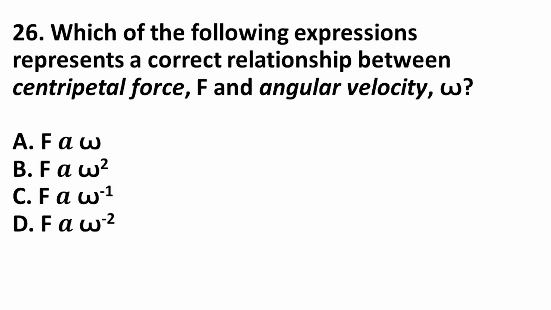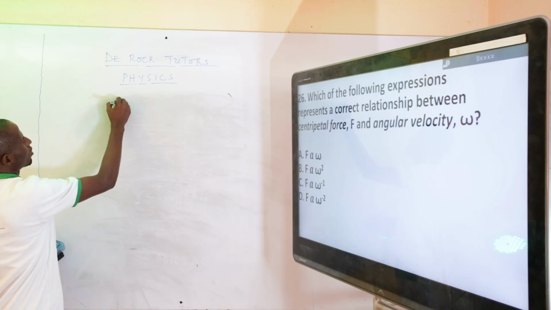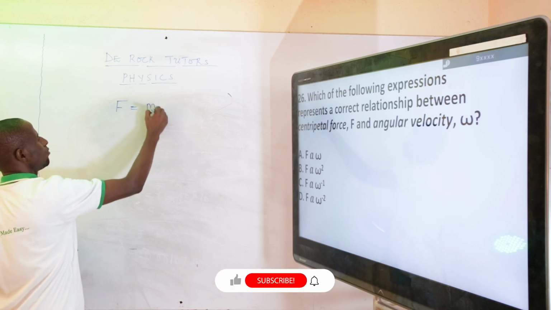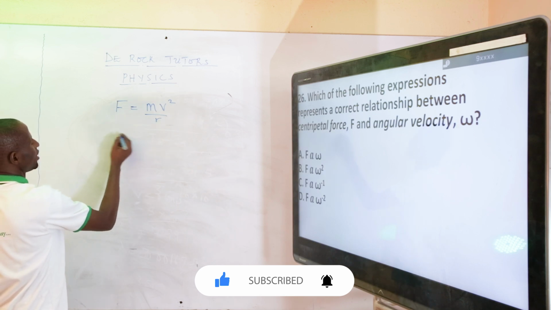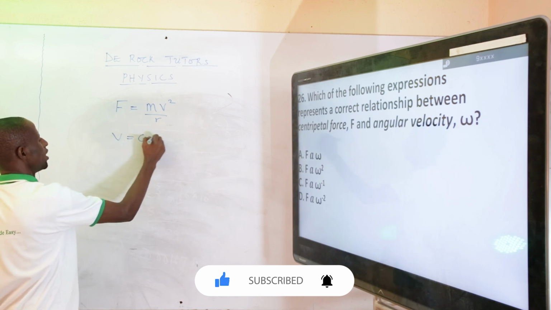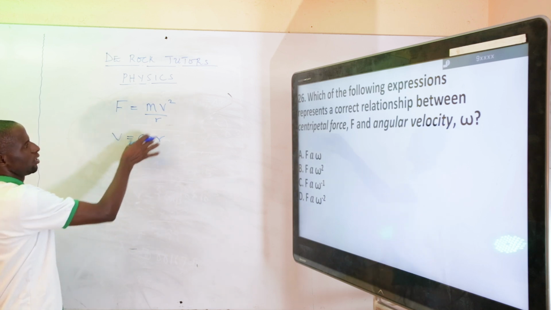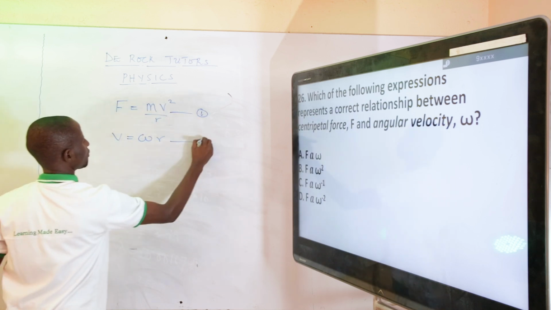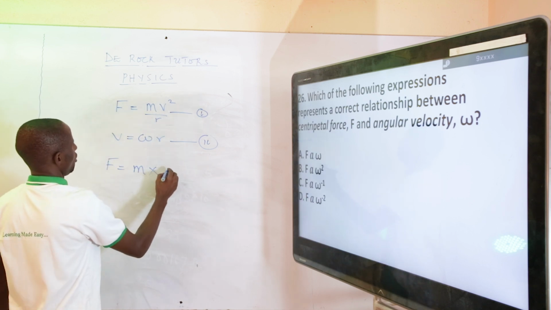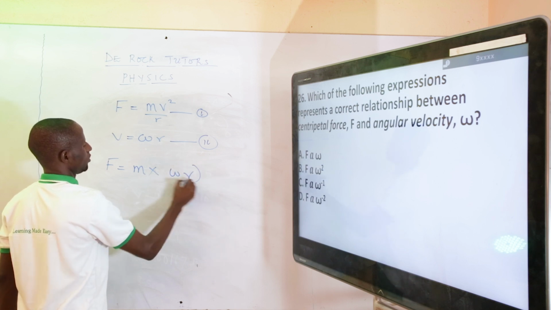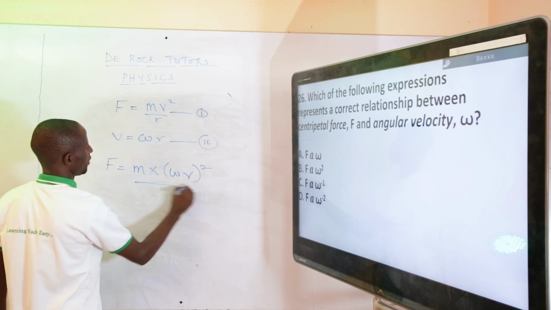Next, which of the following expressions represents the correct relationship between centripetal force F and angular velocity? Centripetal force is given by mv squared over r, and angular velocity can be seen in this formula, v equals omega r. If you substitute for v in equation 1, F will be given by m multiplied by omega r, all squared, divided by r.